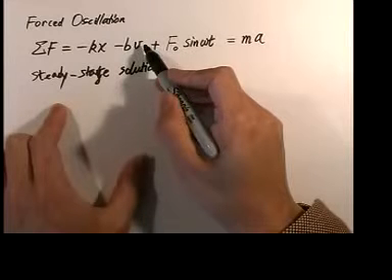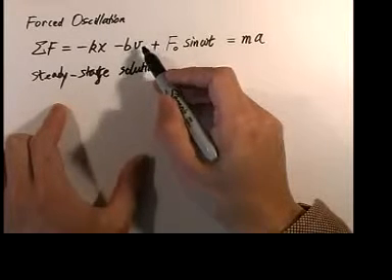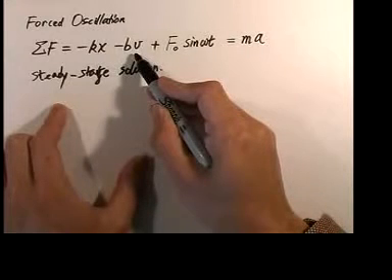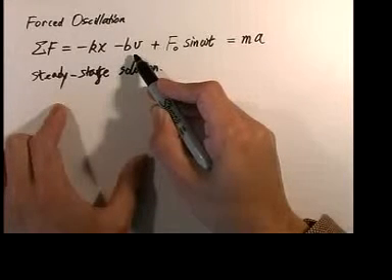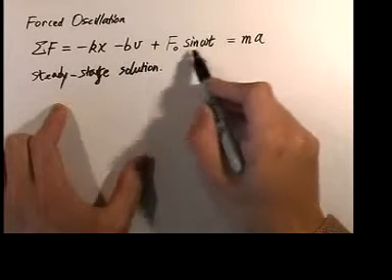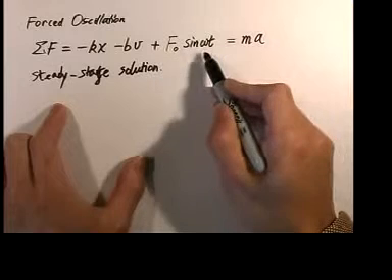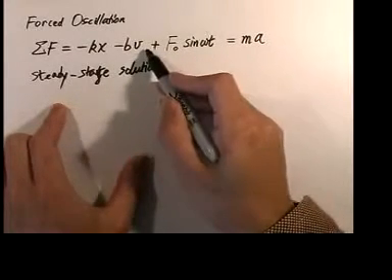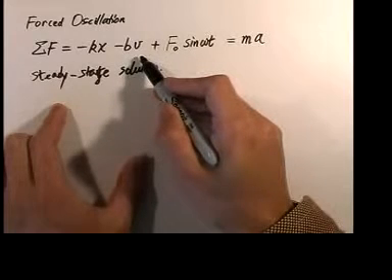So you have two competing sources. This one feeds energy into the system. This one takes energy away from the system. At some point, the average speed reaches such a value that the energy you feed into the system per cycle equals the energy that's taken away by resistance per cycle. So what does that tell me?